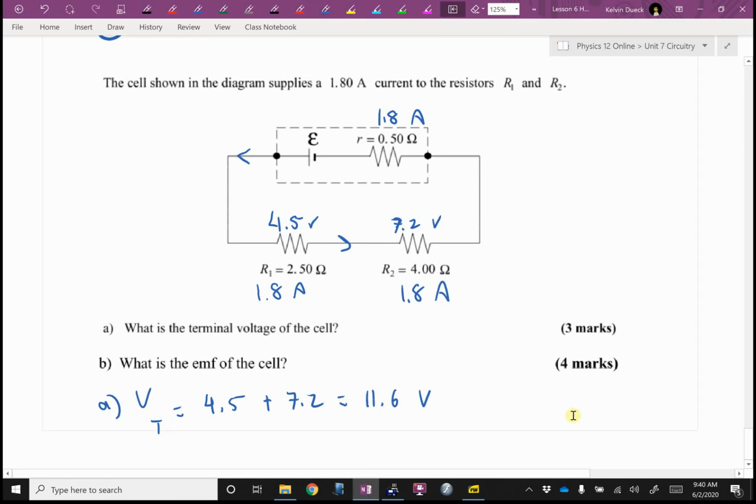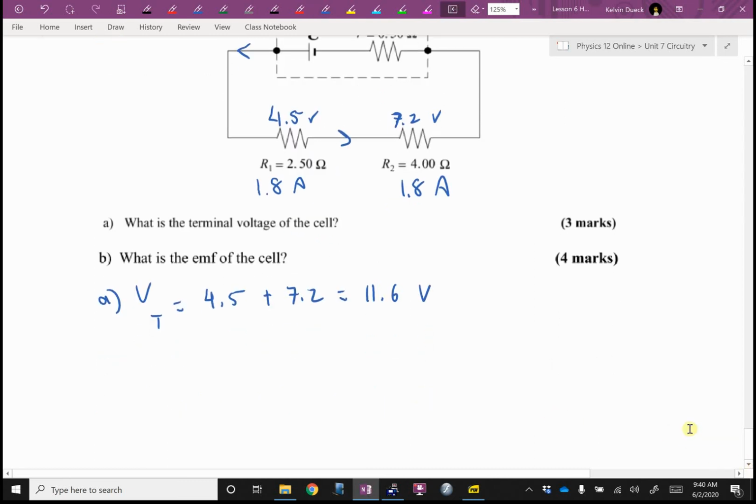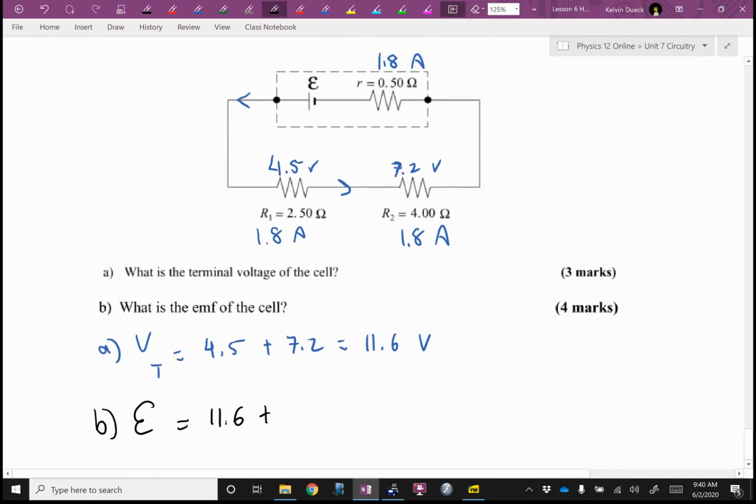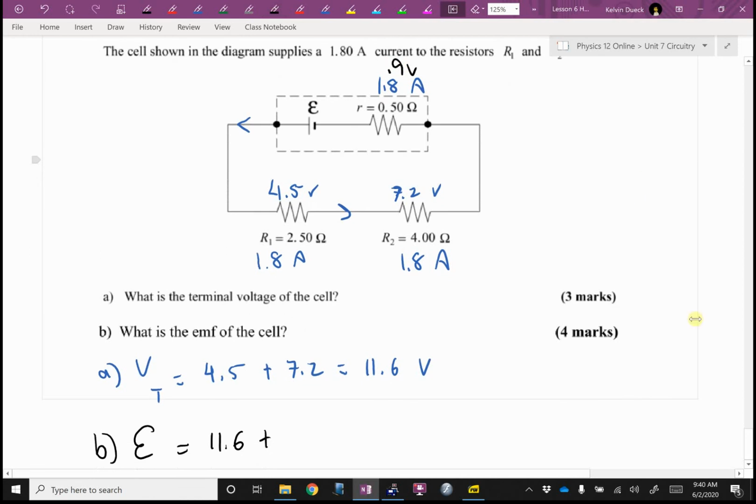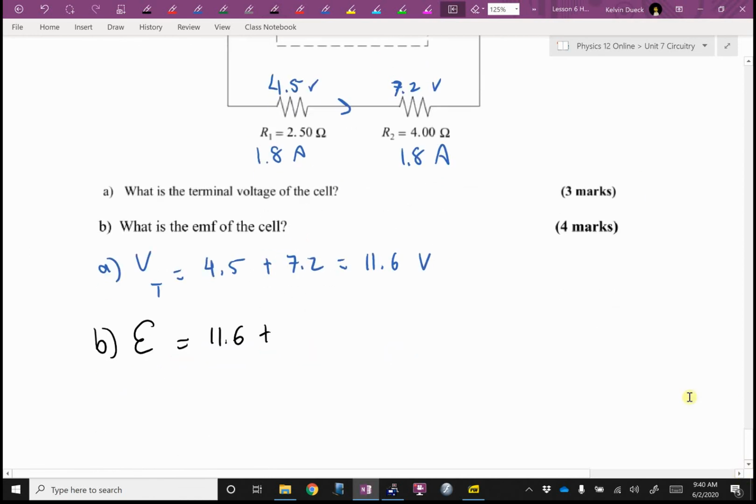That's the terminal voltage. Now, what's the EMF? The EMF is going to be 11.7 plus the voltage that I lose going through the resistor. If I go I times R, I get 0.9 volts. That's what we're losing going through the internal resistor. So it's going to be plus 0.9, which is 12.5 volts.